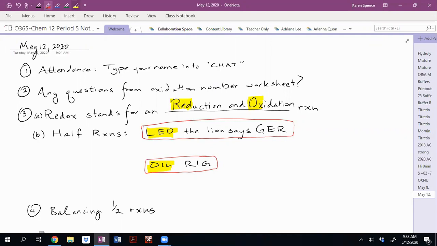So if you have Leo, you have losing electrons, so we have our L, we have our E, and we have our O, oxidation. Okay, losing electrons is oxidation.